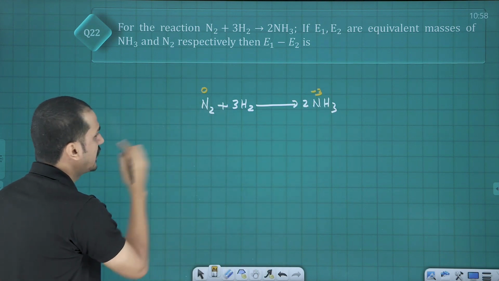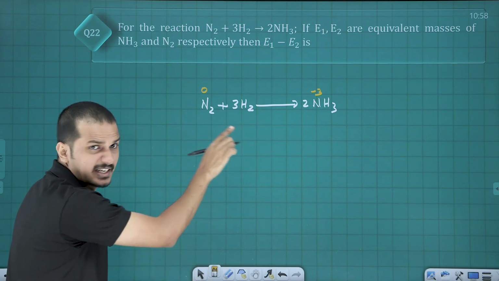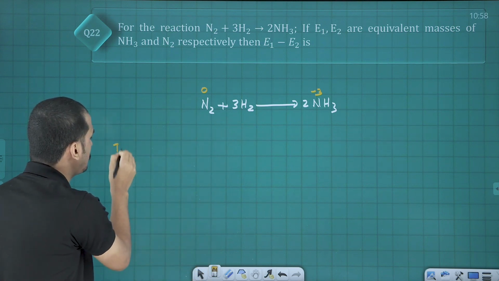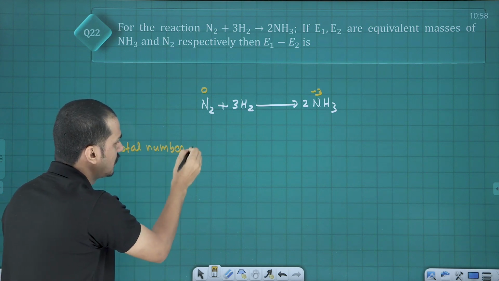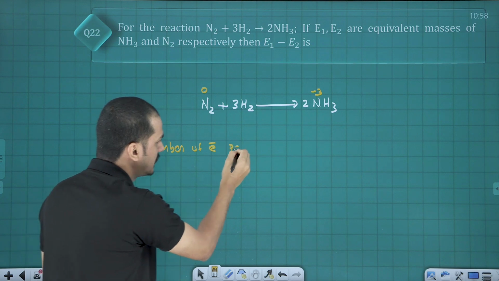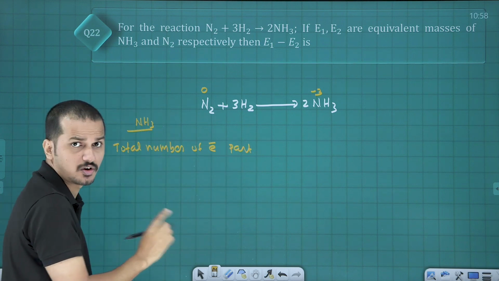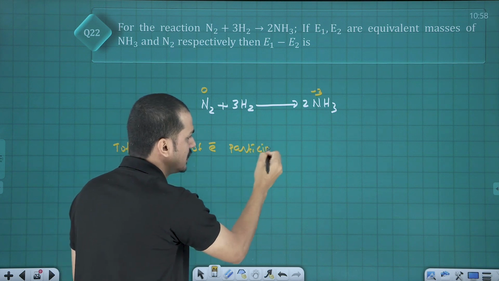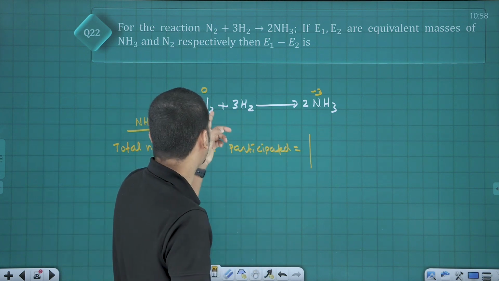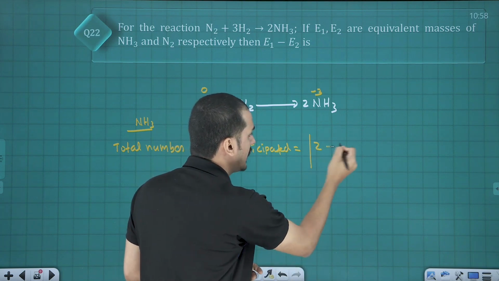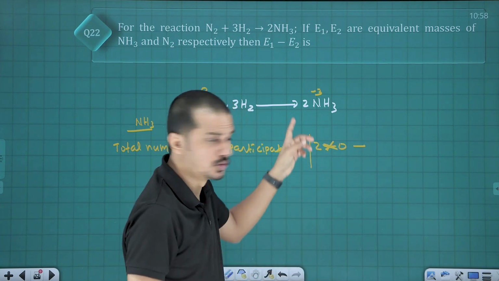Now, how will I find out the equivalent weight of ammonia? First of all, I just want to calculate the total number of electrons participated. About ammonia we are looking. Total number of electrons participated. So in that case, see, modulus of ammonia. Here you can see 2 into 0, 0. Minus 2 into -3.